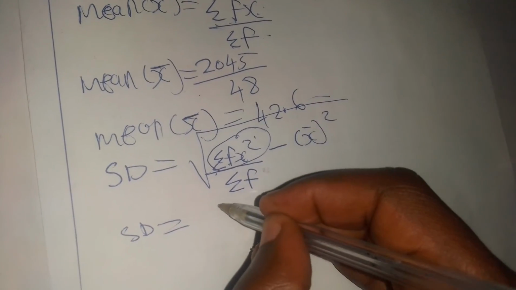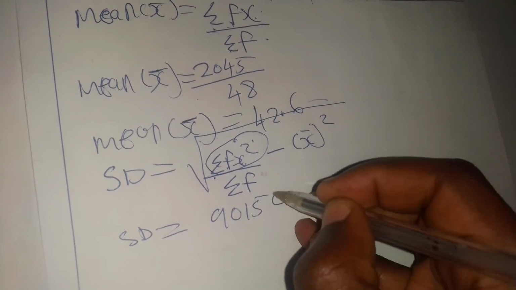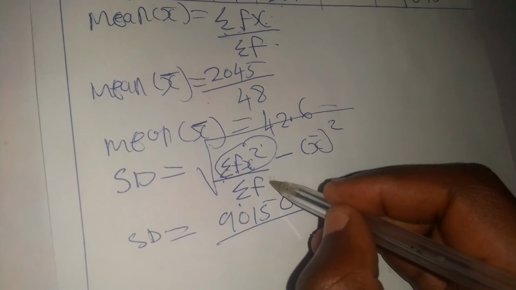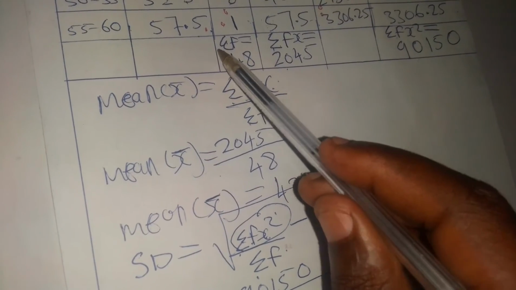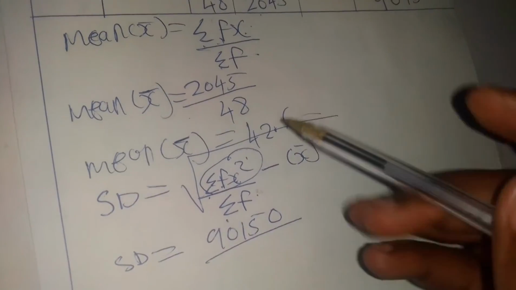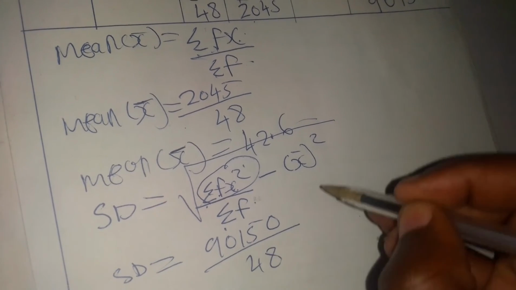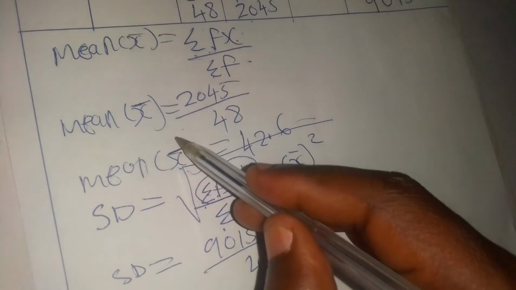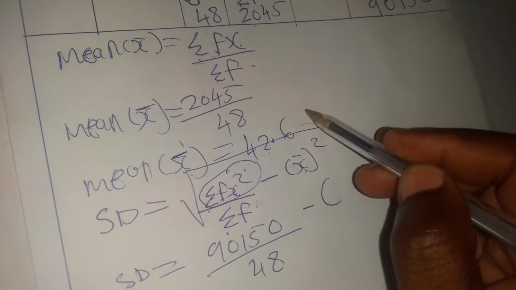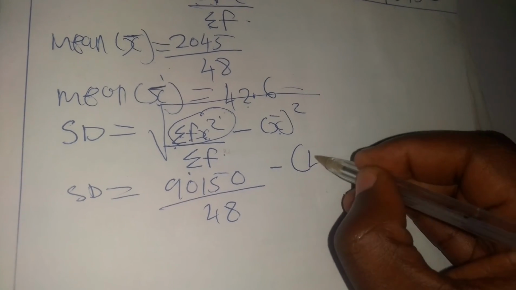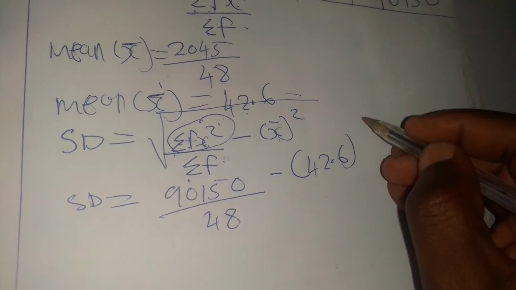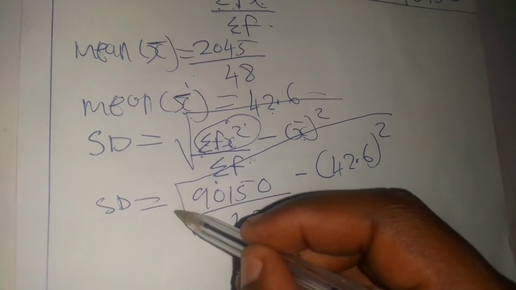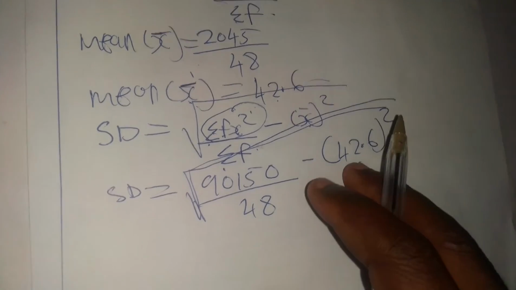That is 9,150 over summation of frequency, which is 48, minus x bar. X bar represents the mean, which is 42.6, you square it. So everything here is under the square root.